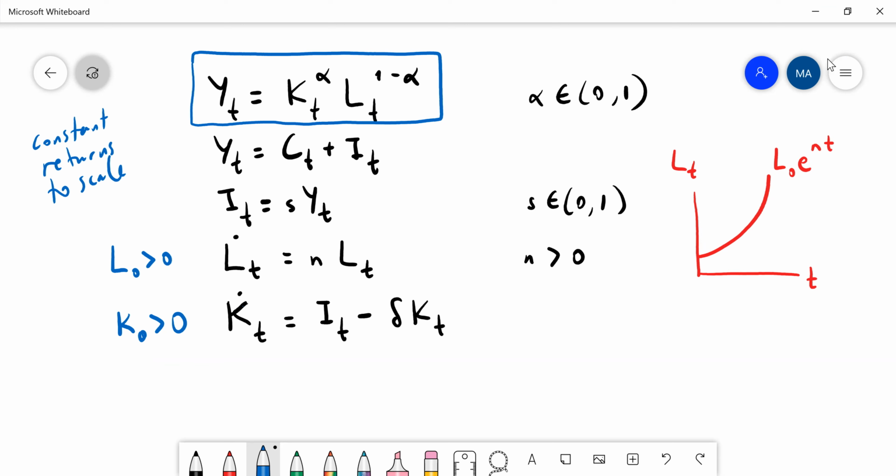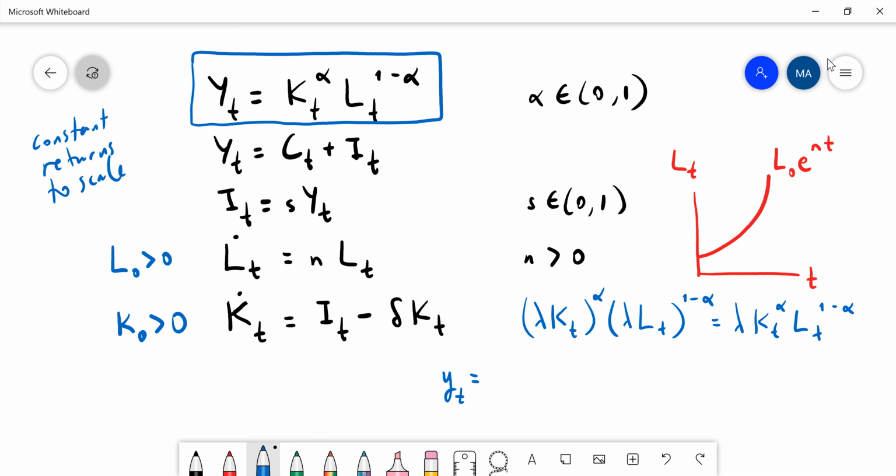If I increase both of the inputs by the same amount, production will increase by the same amount, right? So this property will allow me to write GDP per capita in this simple way, or GDP per worker, obviously.